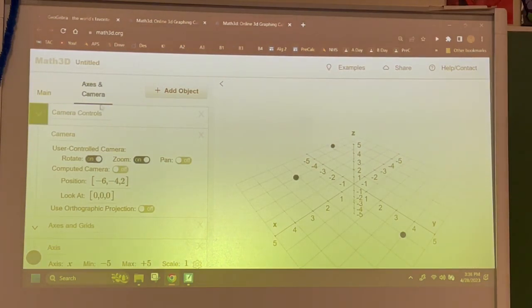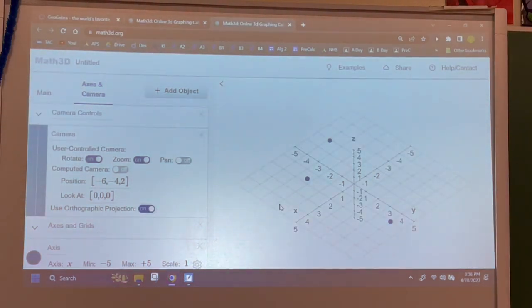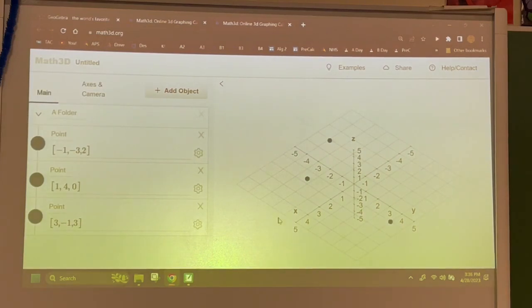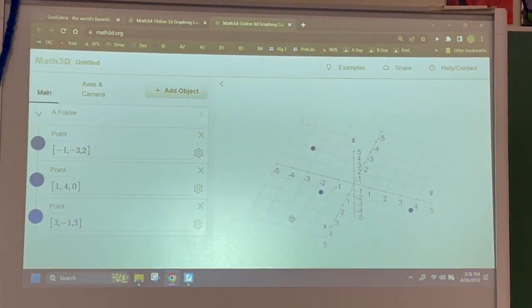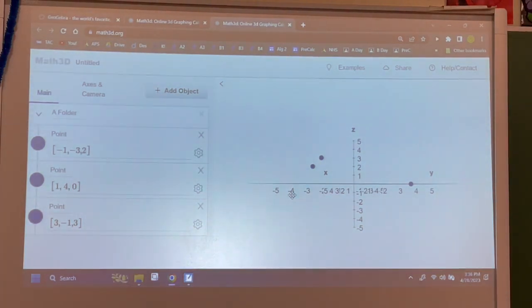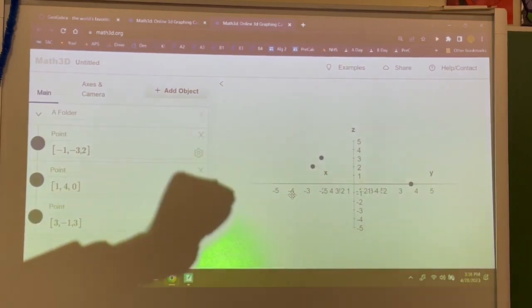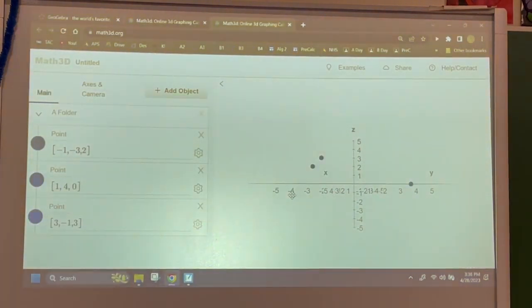Sometimes what helps is going to your axes and camera and turning on the thing that says use orthographic projection, so it doesn't give as much perspective that way, and maybe it's easier for you to visualize it then. This looks more like it's at 2, this looks more like it's at 3, that looks more like it's at, not Y, the Z-axis is 0.